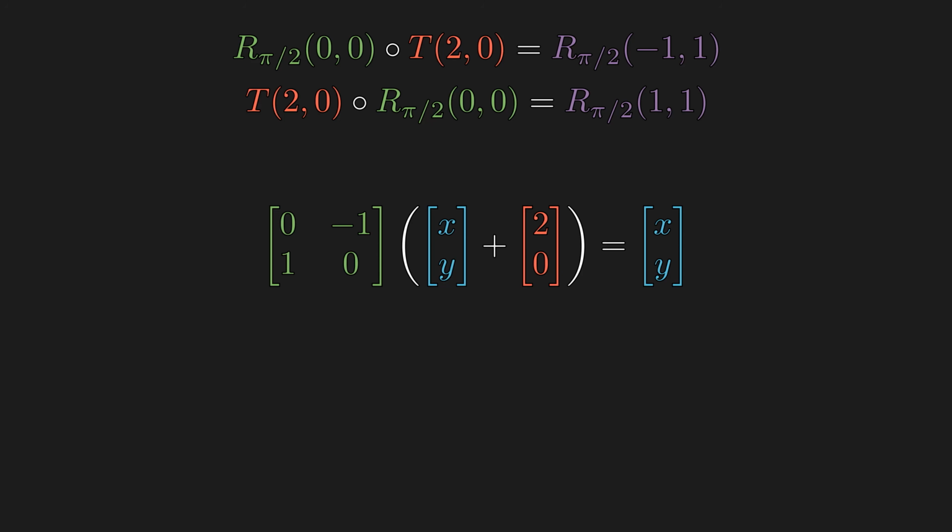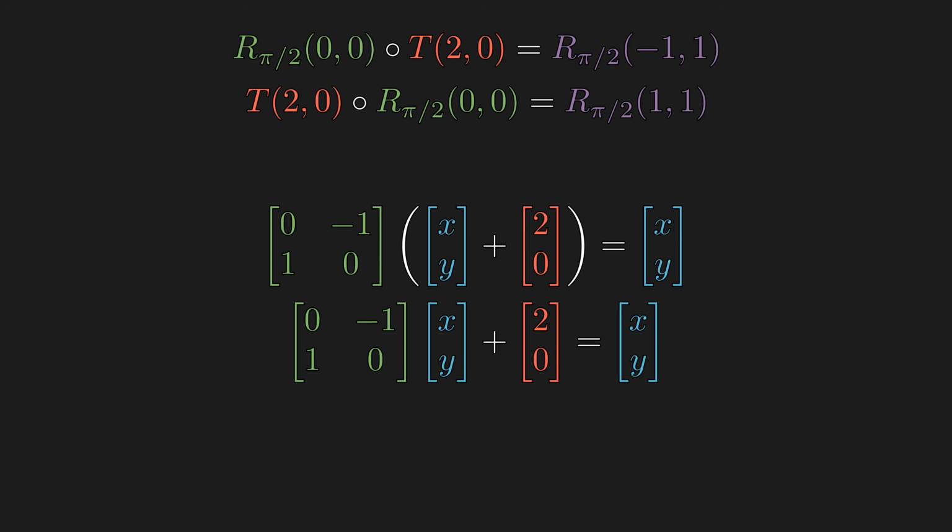We just have to find that fixed point, which means a point that is unaffected by the transformation. At this point, this is just a system of 2 linear equations, and it has the solution -1, 1. Similarly, if we solve for the fixed point of rotation then translation, we should get 1, 1.